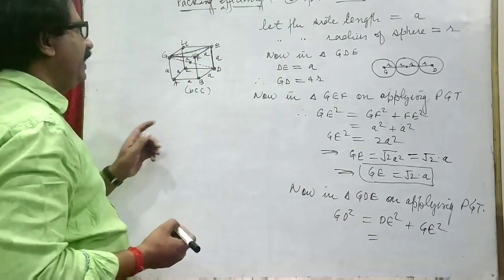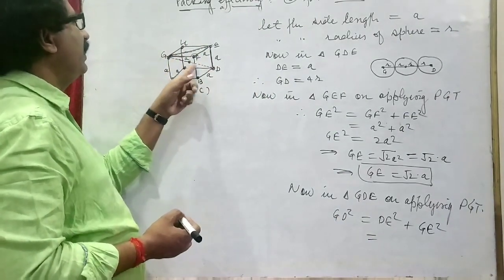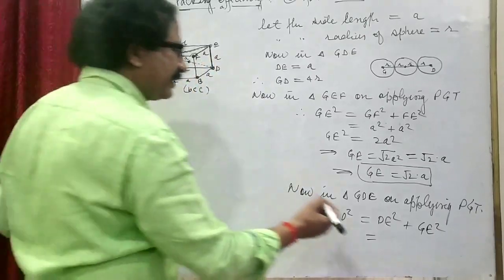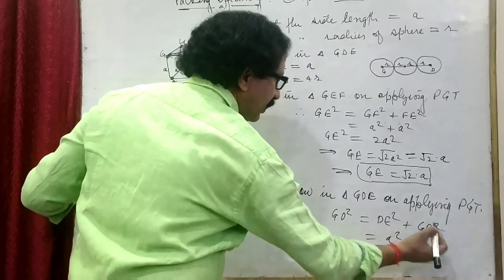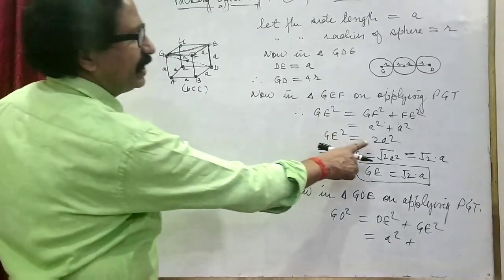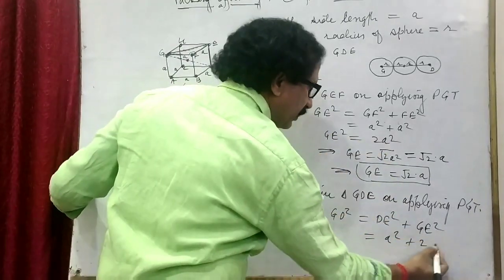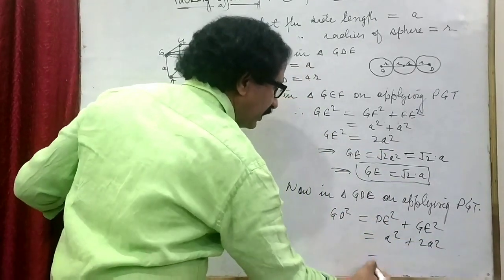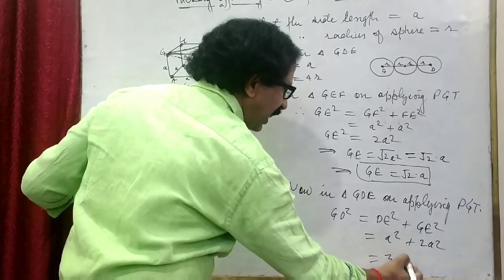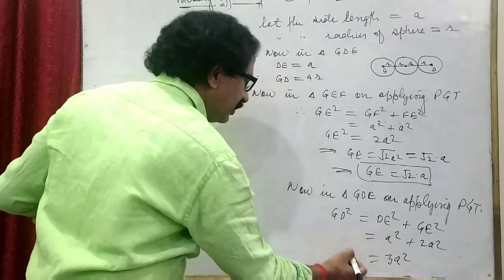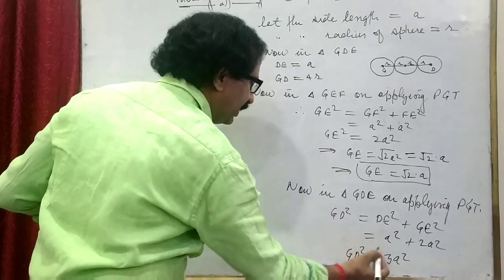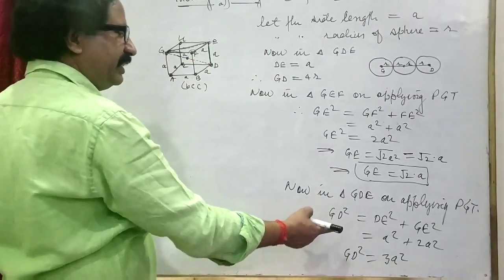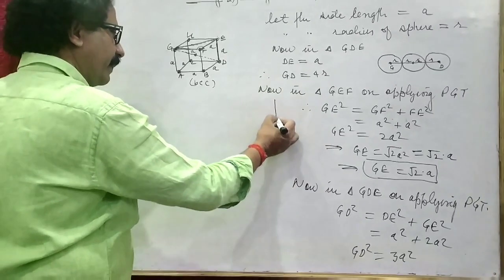What is the value of DE? Means it is the side, A square. And what is the value of GE square? GE square means 2A square. Okay? That becomes equal to thrice A square. This is the value of GD square, thrice A square.